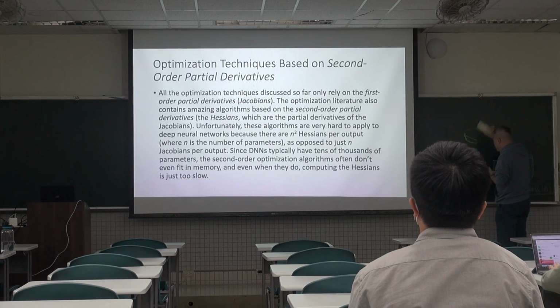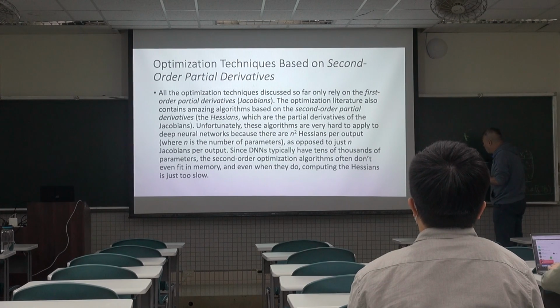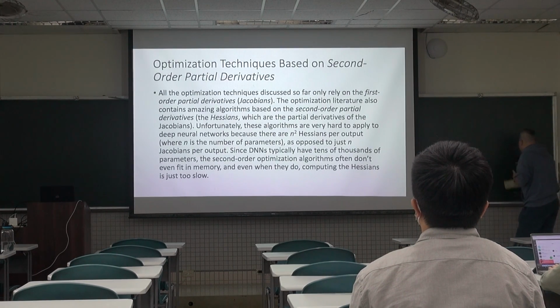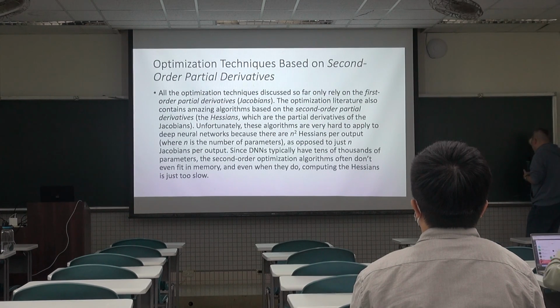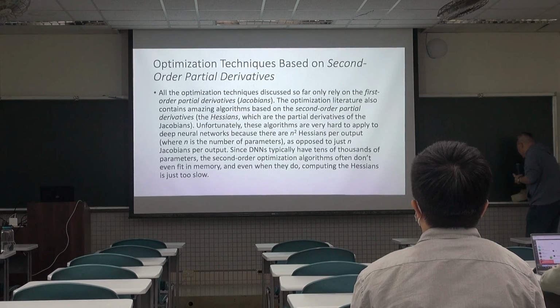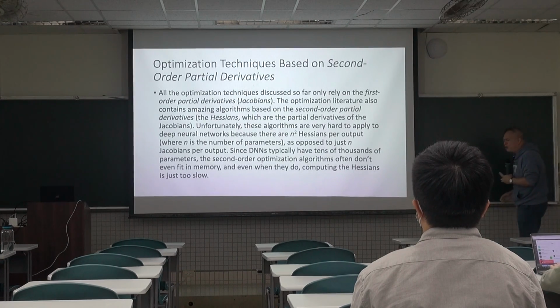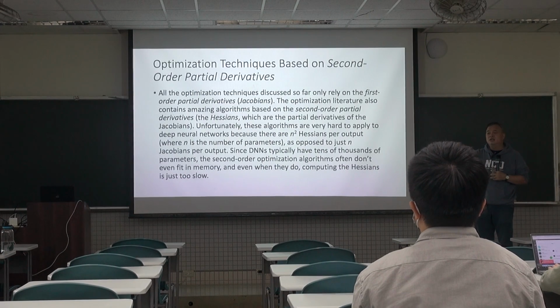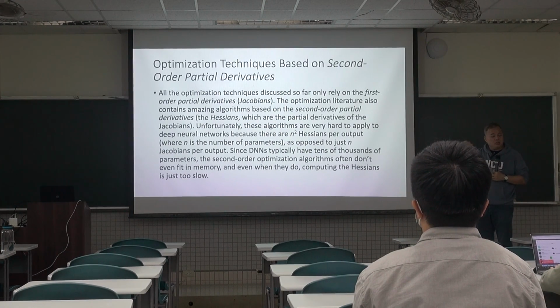If you are talking about first order, say if you have 1,000 parameters, then I only need to calculate 1,000 partial derivatives.